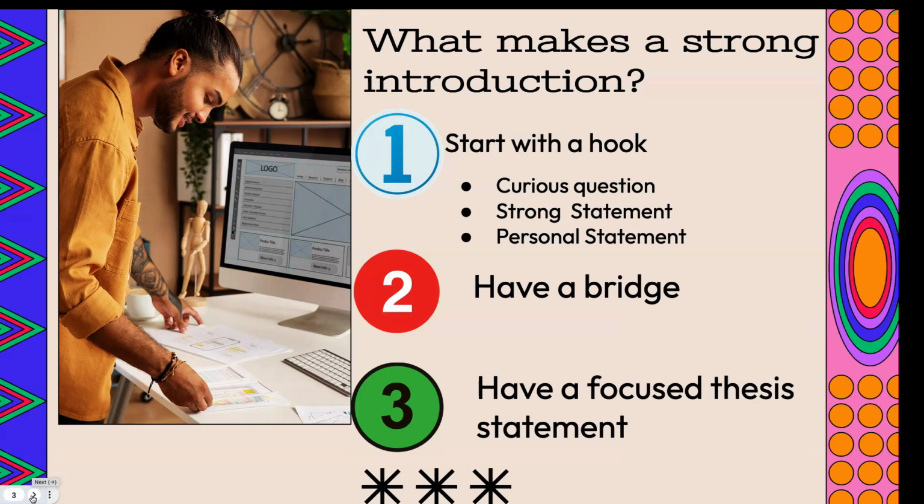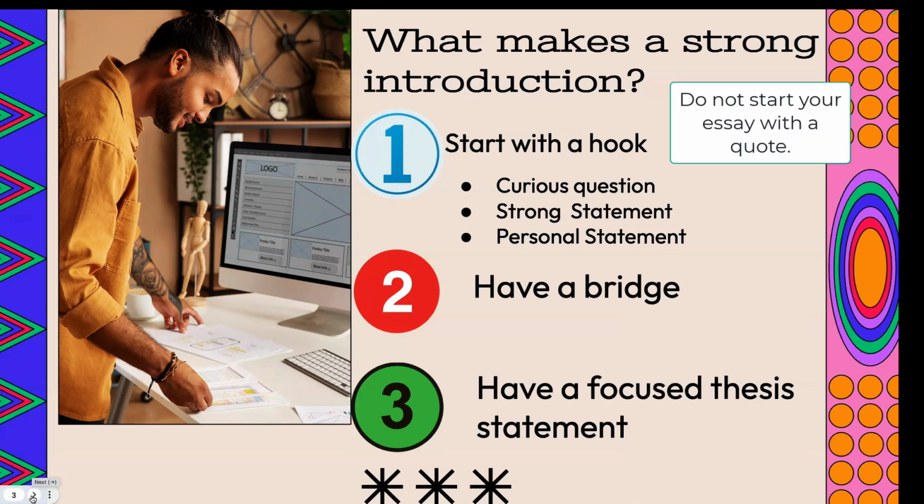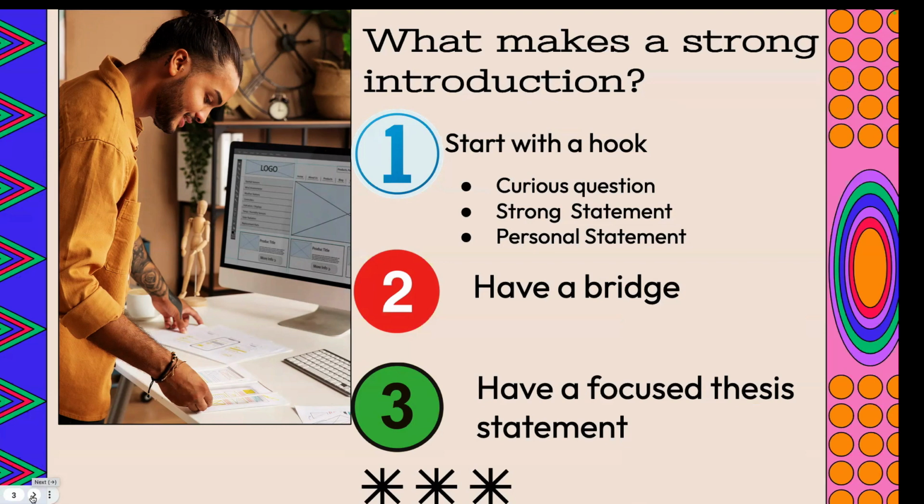Number two, I don't recommend using a quote for this particular essay. Do not use a quote. Pick one of these: curious question, a strong statement, or a personal statement. And then you want to have a bridge from your hook to your thesis. And the bridge can be 1 to 2 sentences. It's usually more than one sentence and less than 3.